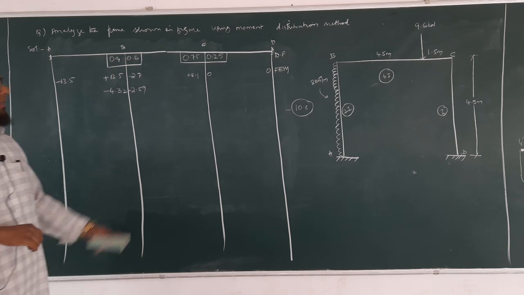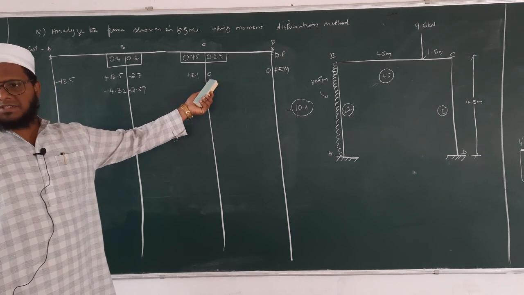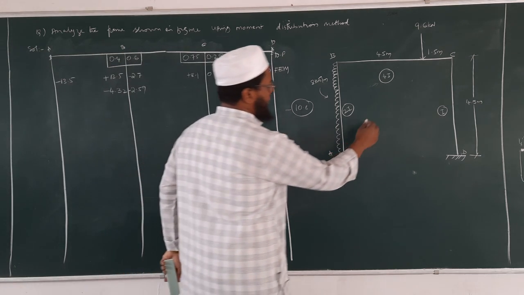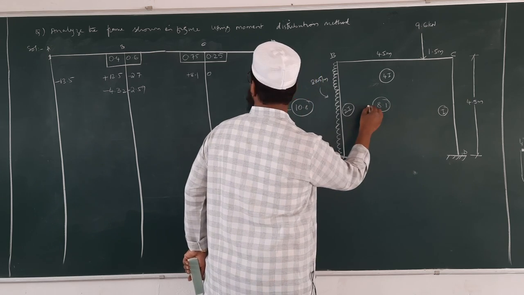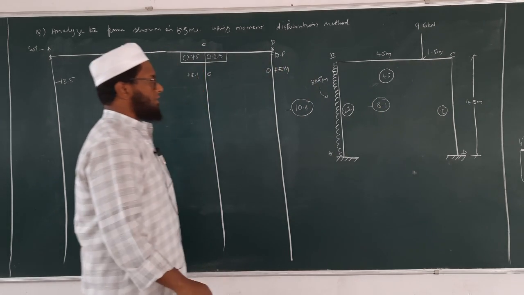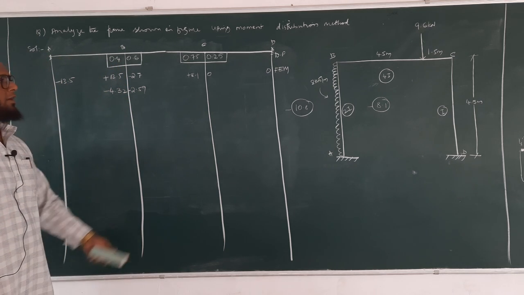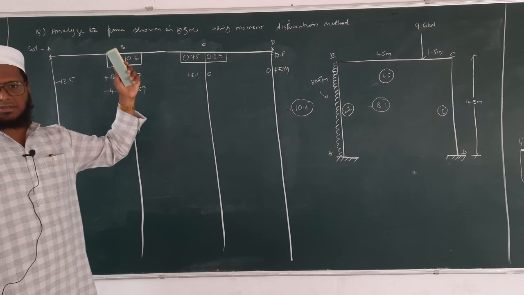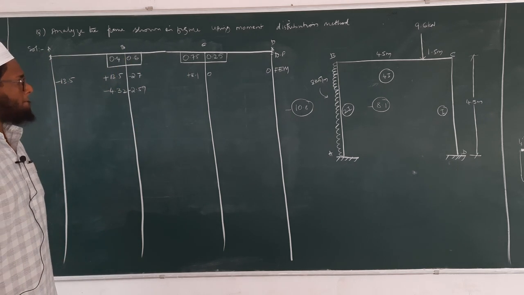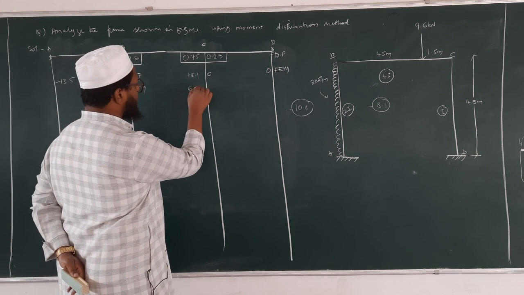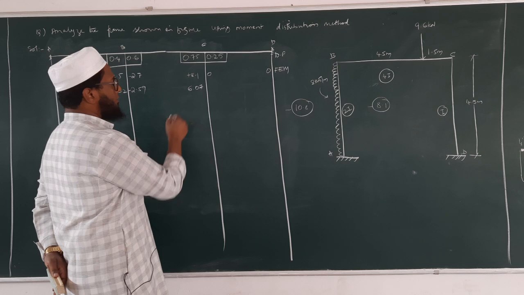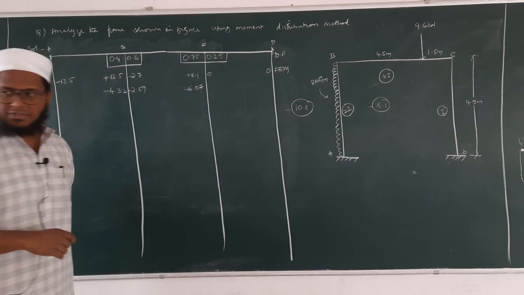Next, see here, we have plus 8.1 plus 0, again 8.1. It is plus, so we will make it minus. So minus 8.1 into 0.75 is minus 6.07, right? Because we have changed its sign.